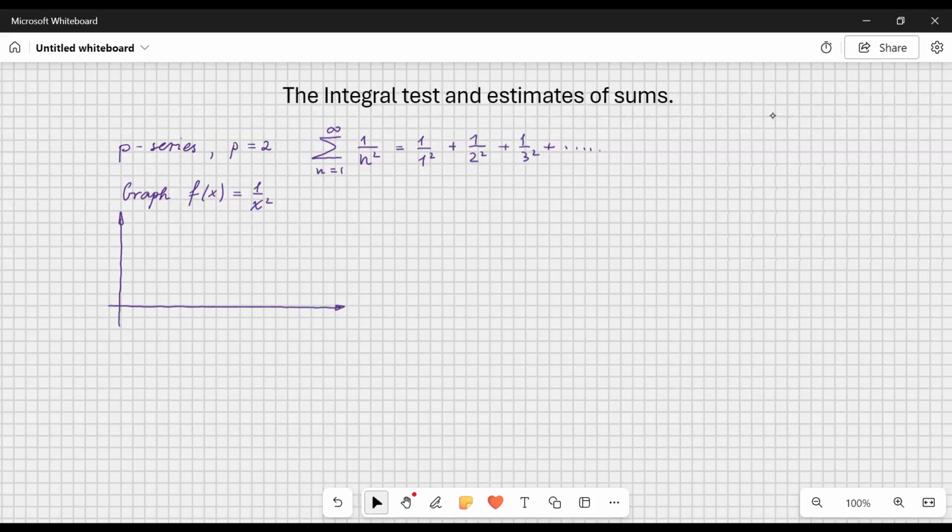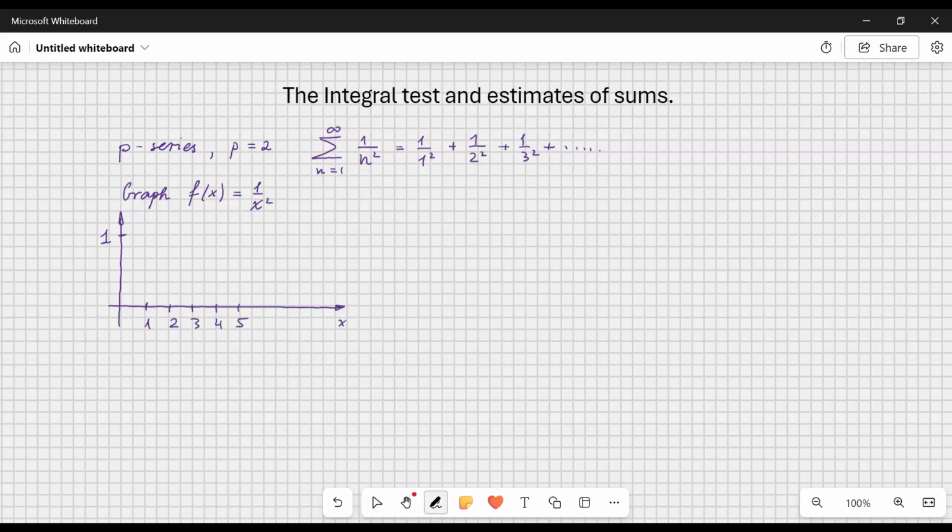1 over x squared is going to look very much like 1 over x, just a little bit lower. I'm going to label my 1 first. I need a kind of higher one, so my 1 is going to be here. And in this direction, 1 is going to be here, then 2, 3, 4, 5.